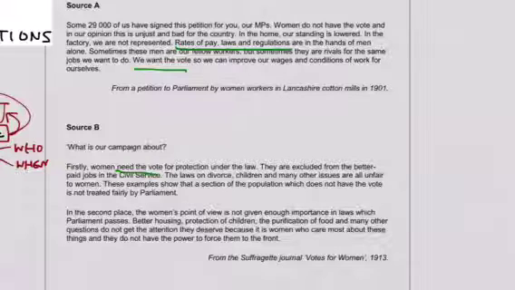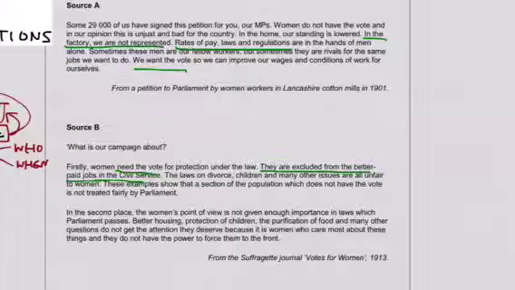It's talking about how in the factory we are not represented, which you can also see in source B to some extent, where it talks about them being excluded from the better paid jobs in the civil service. So in both sources they're talking about the need for the vote, and the fact that perhaps having the vote will lead to an improvement in women's positions economically.